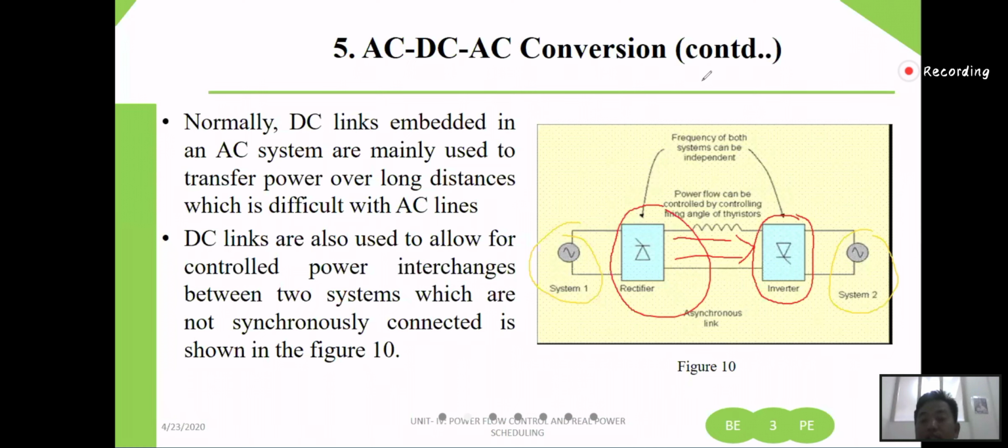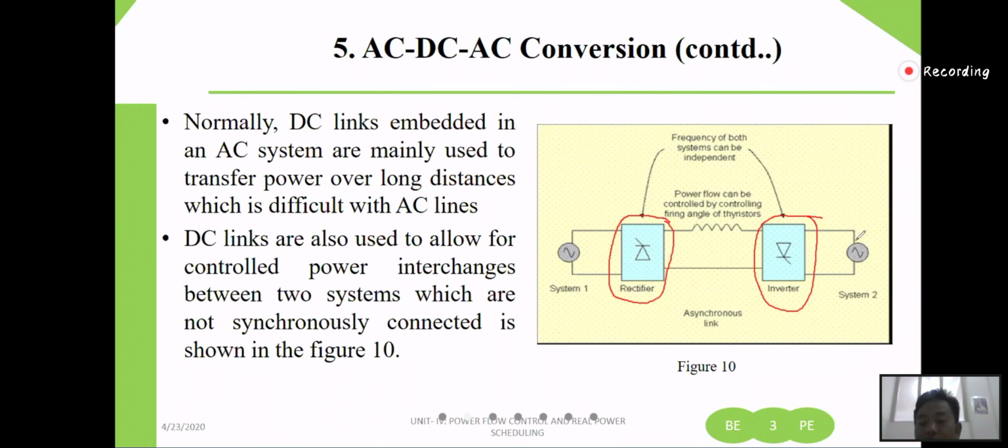But for a short transmission line, the cost involved for these two devices, the rectifier and inverter, will be much higher than the profit you will get from here.